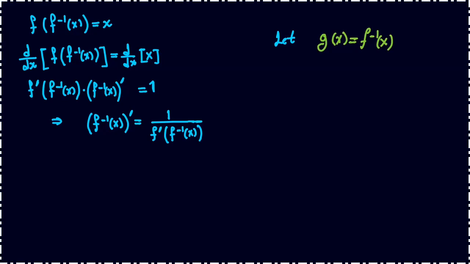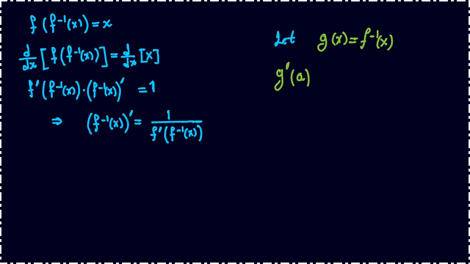And what we want here is the derivative of g, right? F inverse is G. So the derivative of G at a point, let's say that point is A. So here again, G prime stands for F inverse prime.